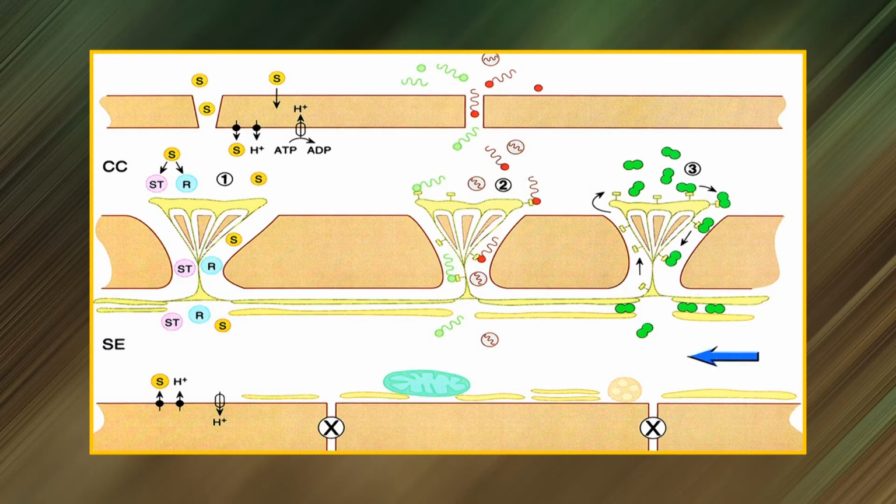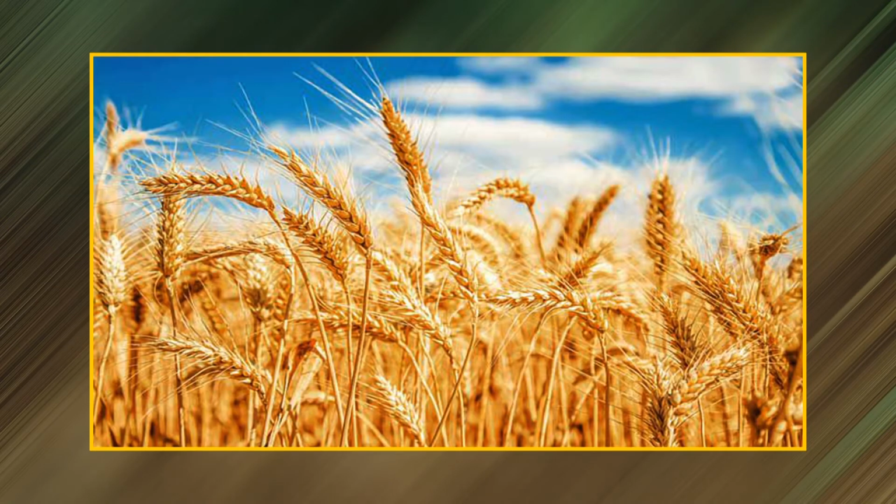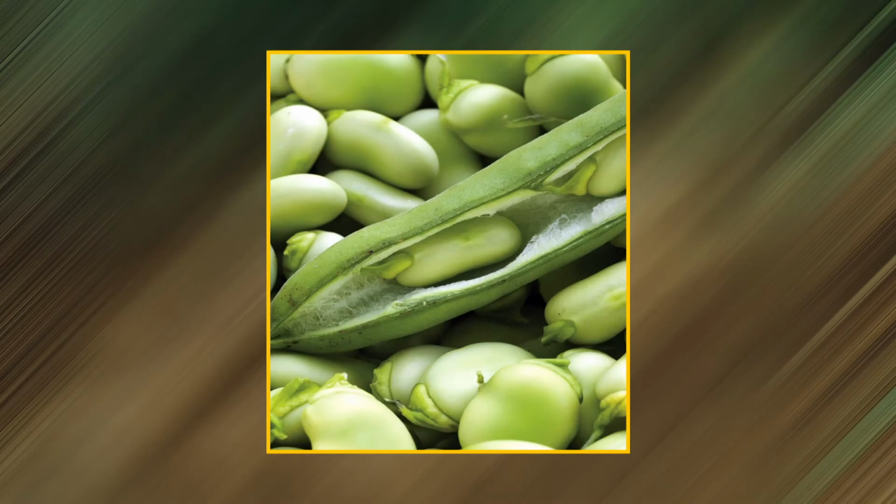This is located at the sieve element companion cell complexes and vascular parenchyma interface of developing wheat grains, root tips, and mature bean stems.